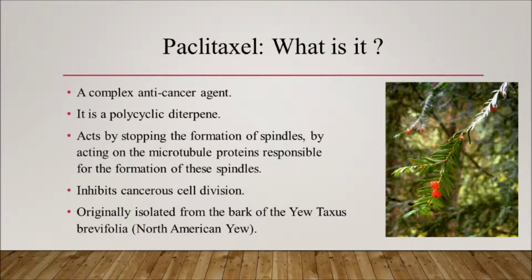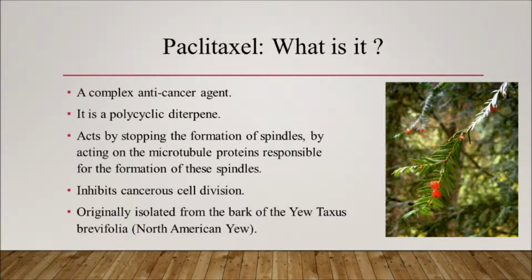Our focus is on the complex anti-cancer agent paclitaxel. It is a polycyclic diterpene that acts on the microtubule proteins responsible for the formation of spindles, therefore inhibiting spindle formation and cancerous cell division.